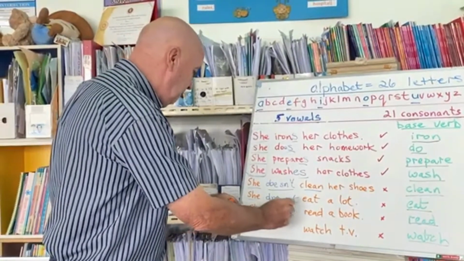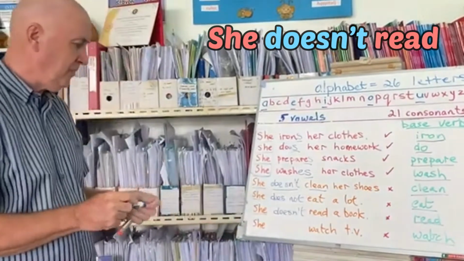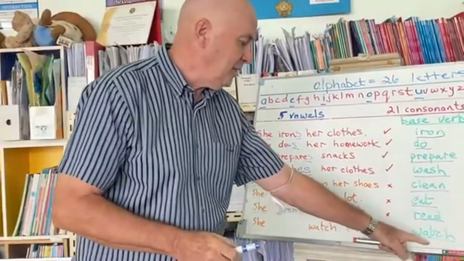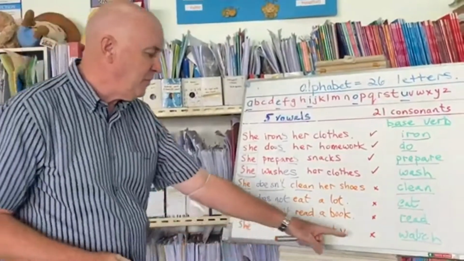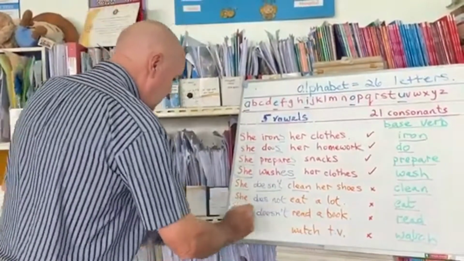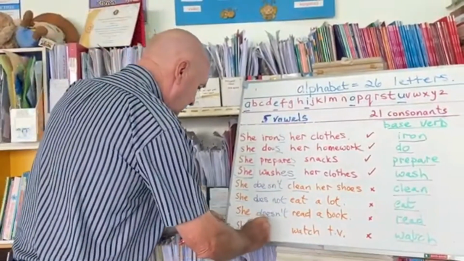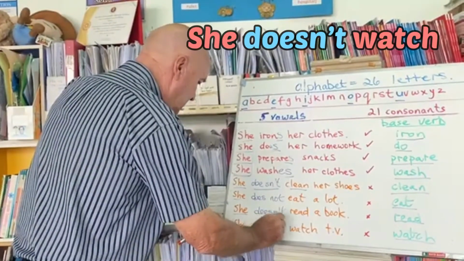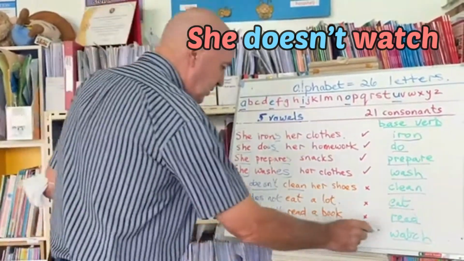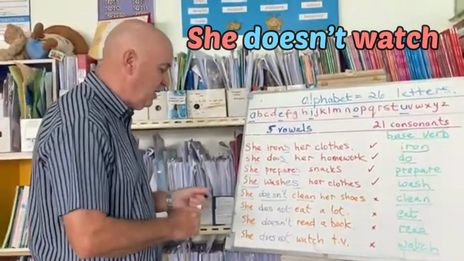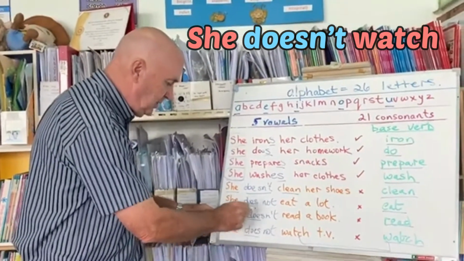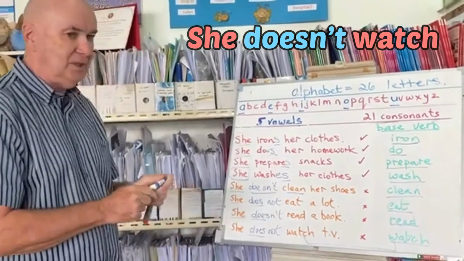We would say doesn't. And the last one, the base verb is watch. Subject is she. We want to say no, so we say she does not or doesn't. Notice the base verb is the same when we say no because we change do to does.